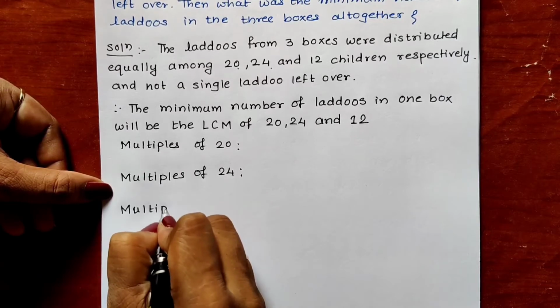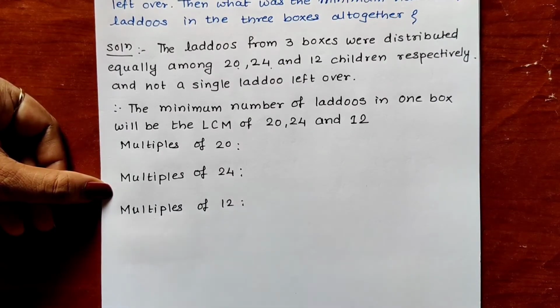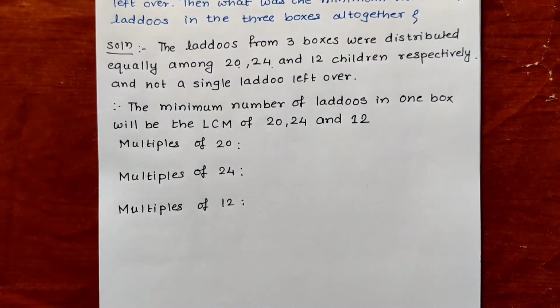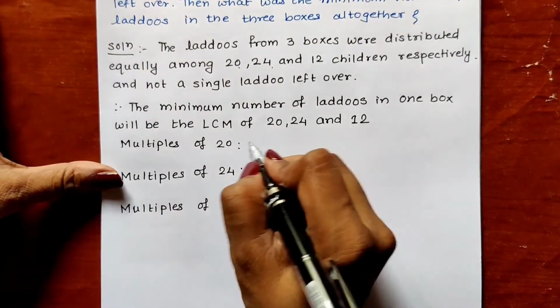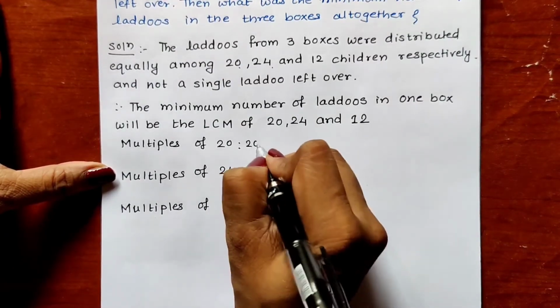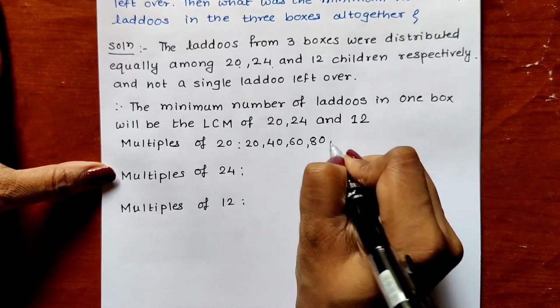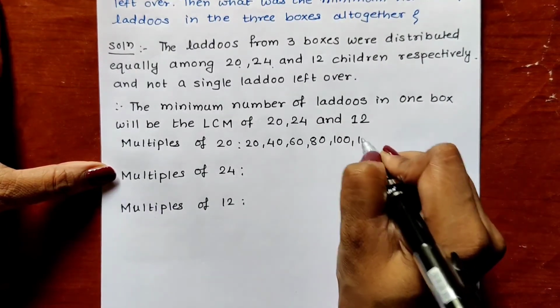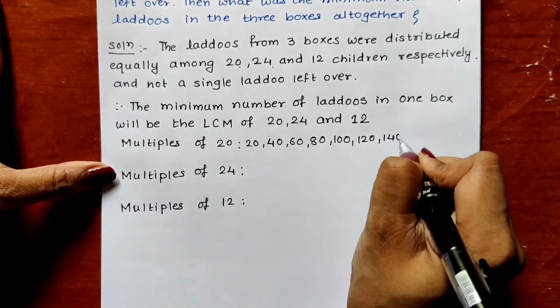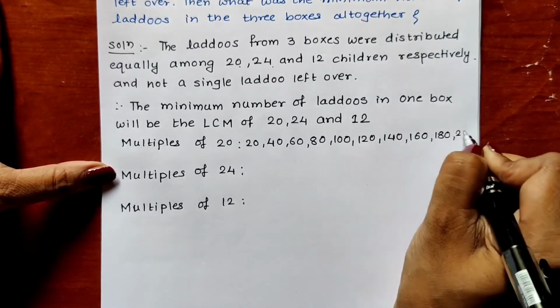So write the table of 20, 24 and 12. So 20 table, that means 2's table we have to write, and then we can write 0 in front of it. 20, 40, 60, 80, 100, 120, 140, 160, 180, 200.